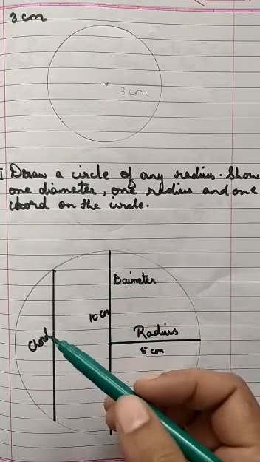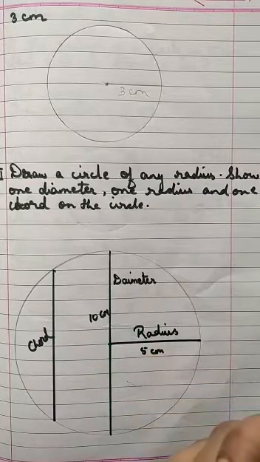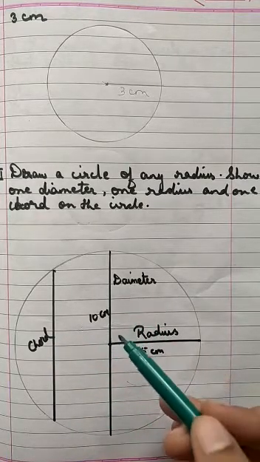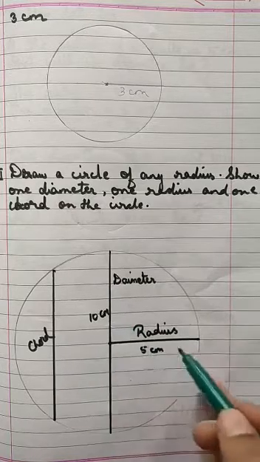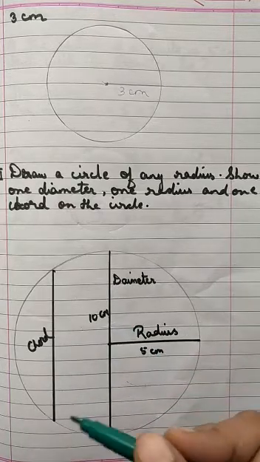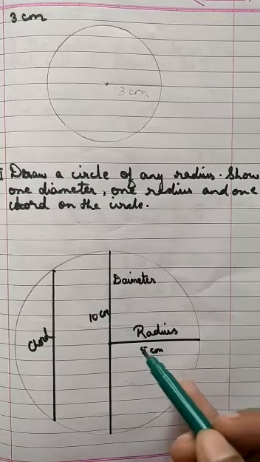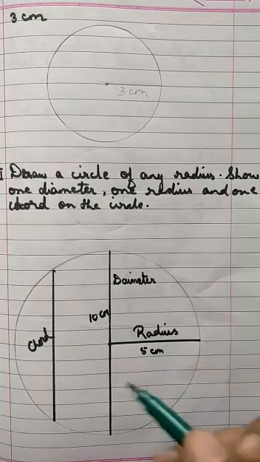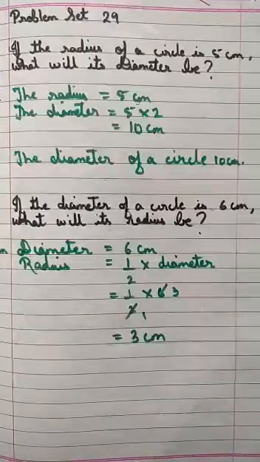And in chord it doesn't pass through center, but diameter is also known as chord. Understood? So in a circle the greatest chord is the diameter, and this is the radius. So if in the exams you have to draw the circle, you only have to measure the radius and you only have to draw the circle.